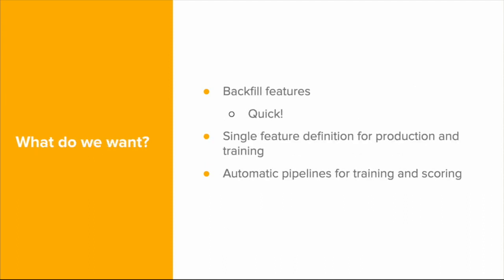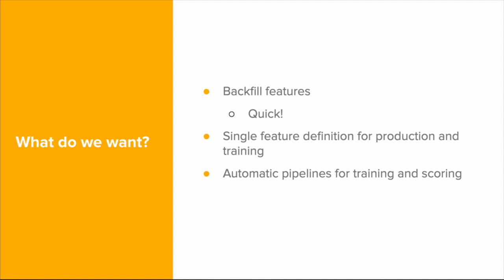So what's ideal? Ideally, we can define a feature definition once, have that definition be available in the online serving environment and in the offline training environment, and that feature should be backfillable as of any point in time in the past.